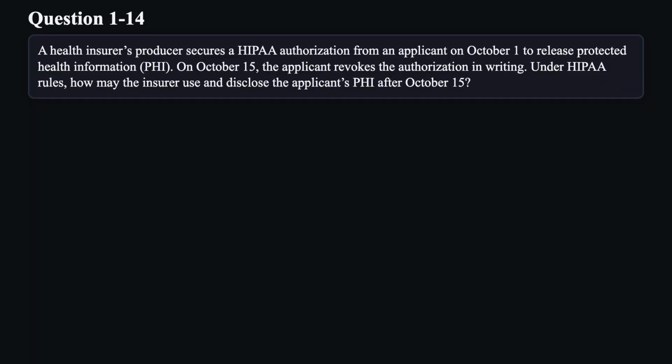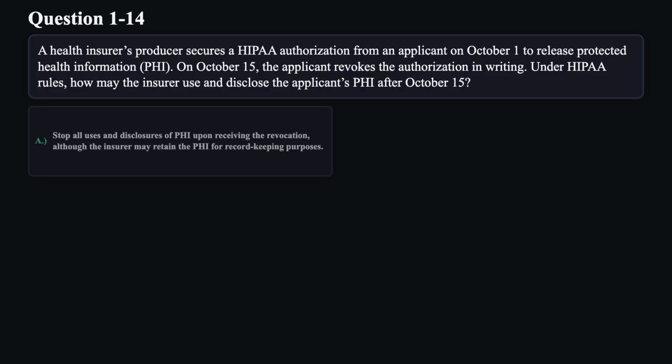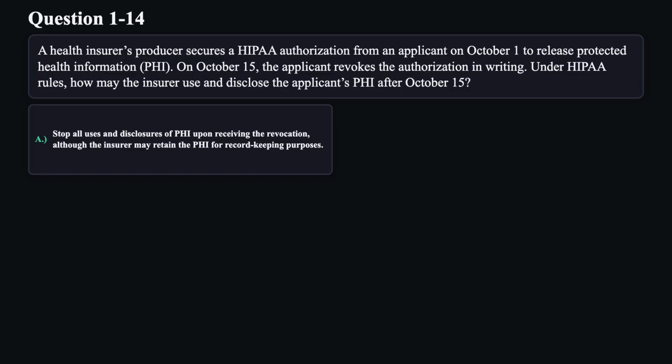Question 14. A health insurance producer secures a HIPAA authorization from an applicant on October 1st to release protected health information, PHI. On October 15th, the applicant revokes the authorization in writing. Under HIPAA rules, how may the insurer use and disclose the applicant's PHI after October 15th? A. Stop all uses and disclosures of PHI upon receiving the revocation, although the insurer may retain the PHI for record-keeping purposes.